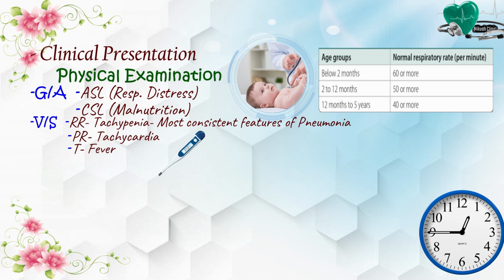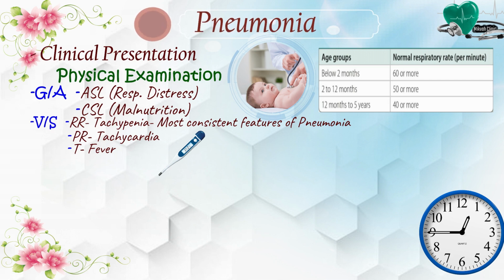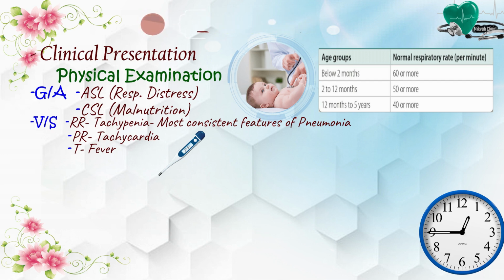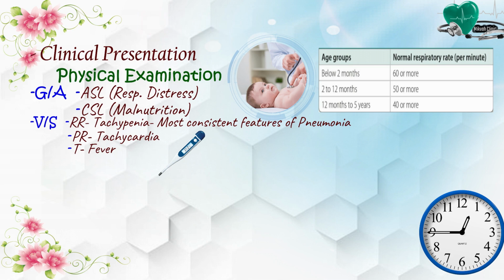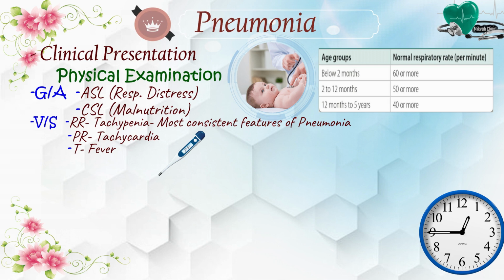Up to 0.5 degrees Celsius variation is expected. However, we will consider fever for a child having a temperature above 37.5 degrees Celsius. Low-grade fever is considered when the temperature is between 37.5 and 38.4 degrees Celsius, and high-grade fever is considered when the temperature is greater than or equal to 38.5 degrees Celsius.